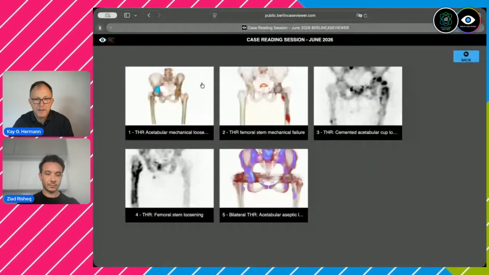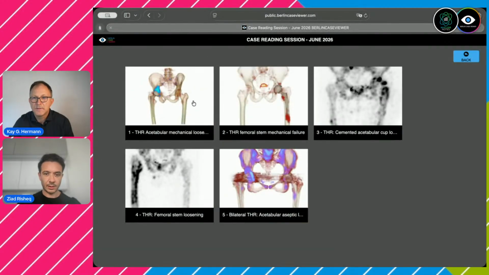If you have SPECT CT, in most cases you can come up with a diagnosis or identify the pain generator, or at least rule out any problem or pathology regarding the prosthesis. So this is what we're going to do in this session. Great, let's jump right in. I will bring up your screen, and you can take it from here, Ziad.